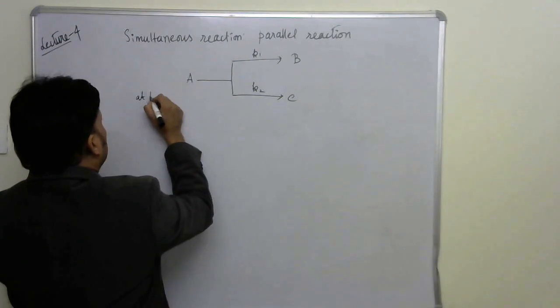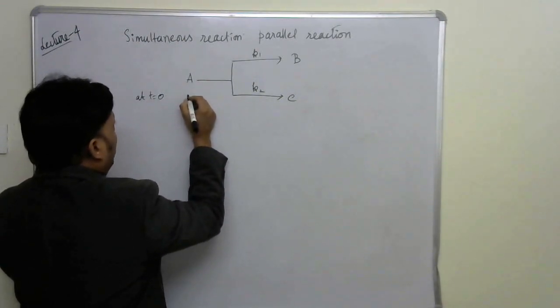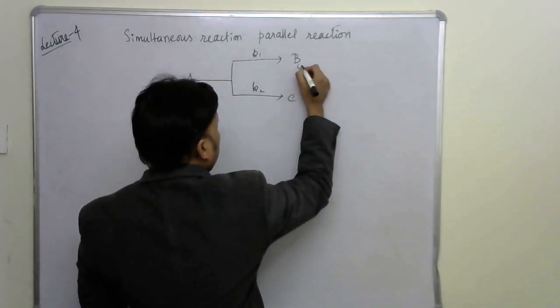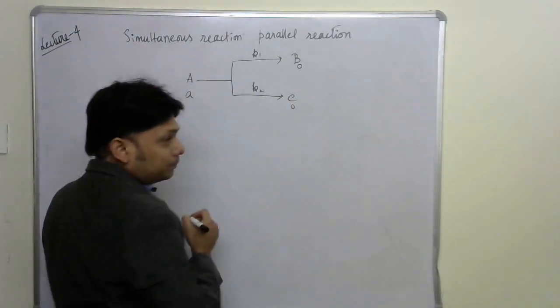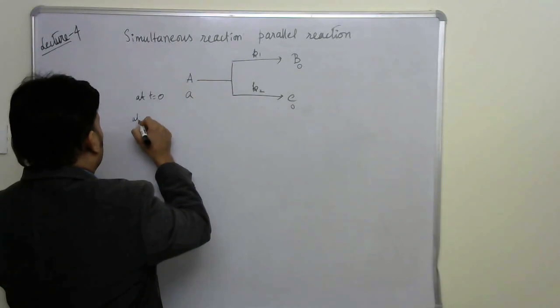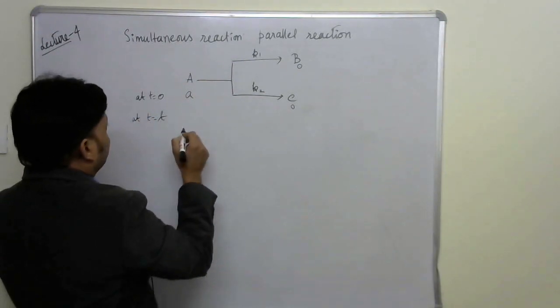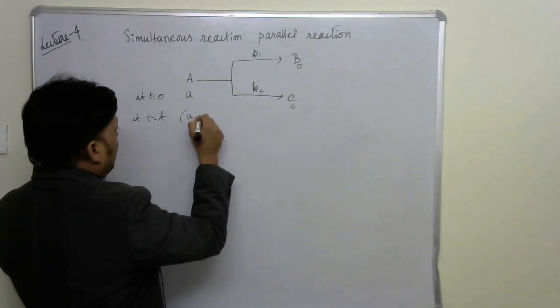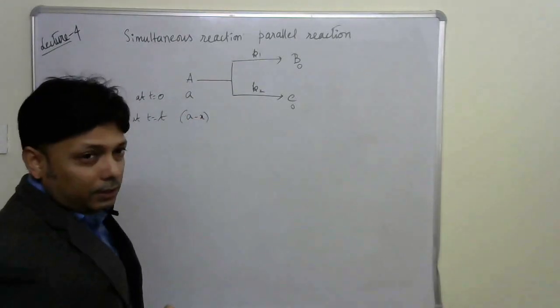So at time t equal to 0, the concentration of A was a, the concentration of B was 0, and the concentration of C was 0. But at time t, the remaining concentration of A is a minus x. Alright?